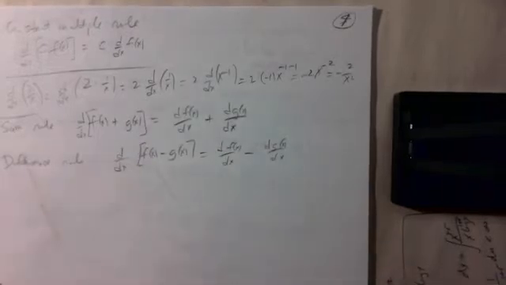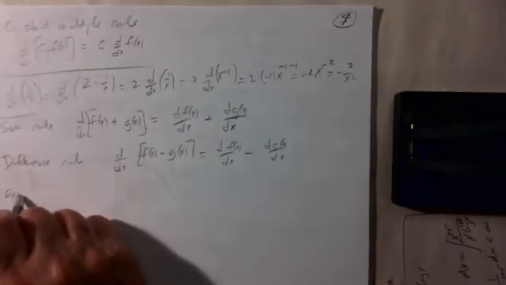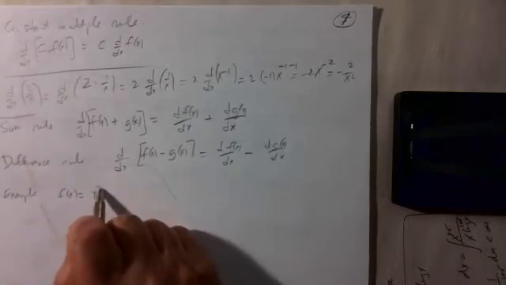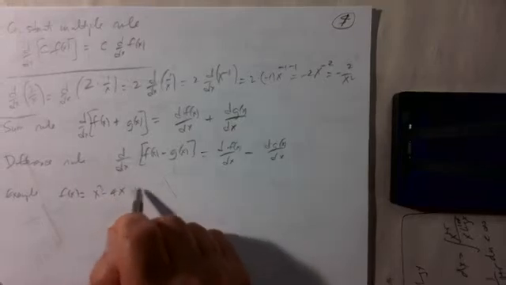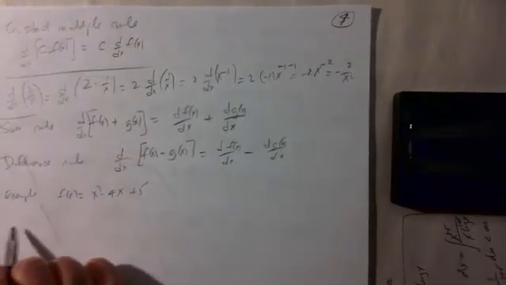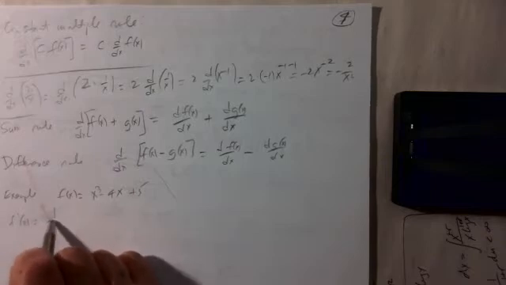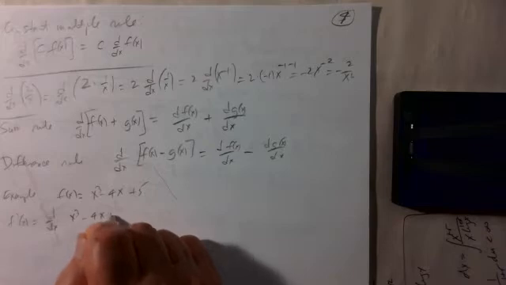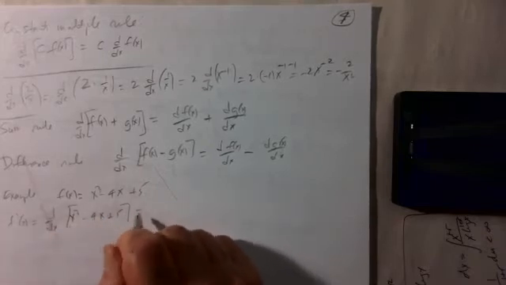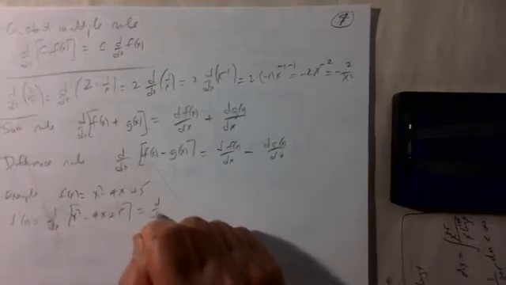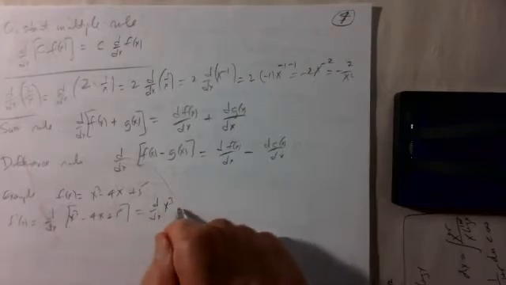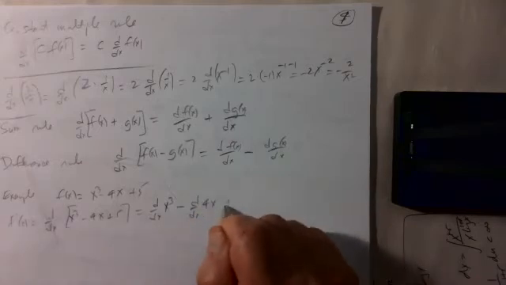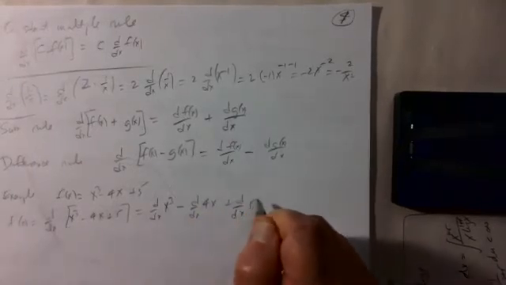So for example, if f of x is equal to x cubed minus 4x plus 5, f prime of x, that means the derivative of x cubed minus 4x plus 5, that's the same as the derivative of x cubed minus the derivative of 4x plus the derivative of the constant 5.